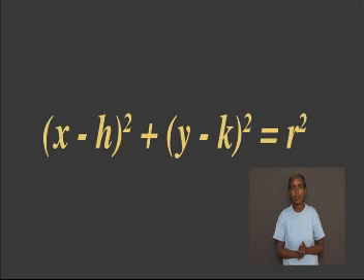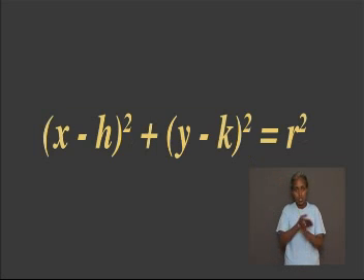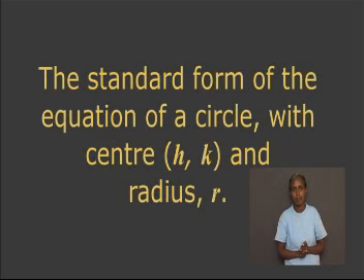By squaring both sides of this equation, we get (x minus h) squared plus (y minus k) squared equals r squared. This equation is called the standard form of the equation of a circle with center (h, k) and radius r.